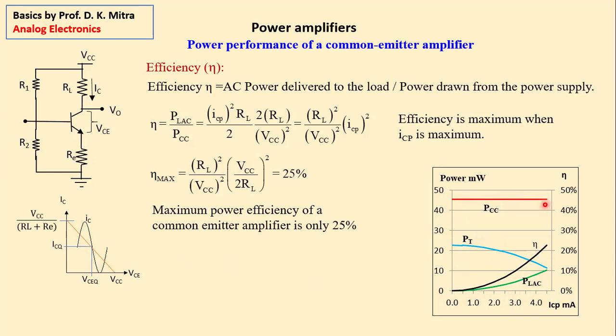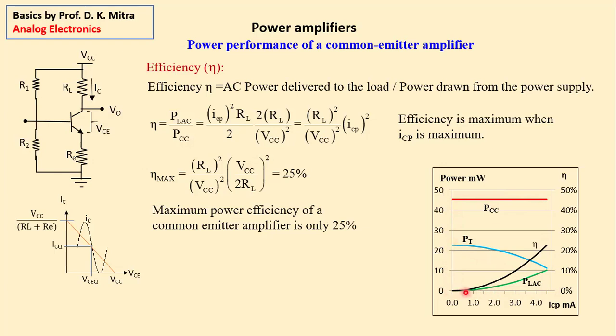And also what we find, this is the power delivered to the load, PLAC. As the signal increases, the power delivered to the load increases. And this is the power dissipated in the transistor. So look at it. When the signal is zero, this is the power taken from the battery, and half of it is dissipated as heat in the load.